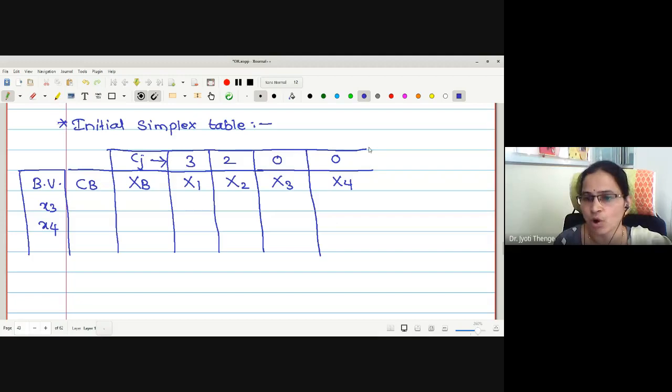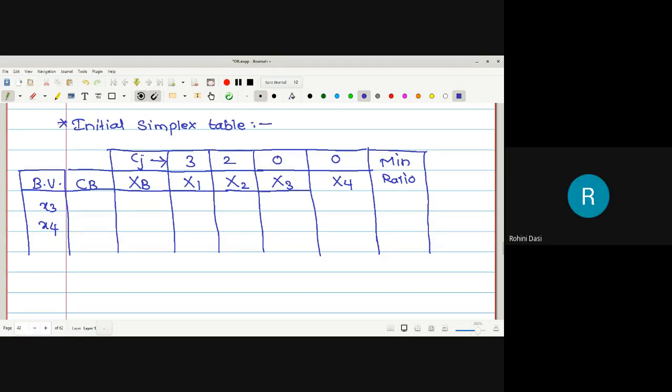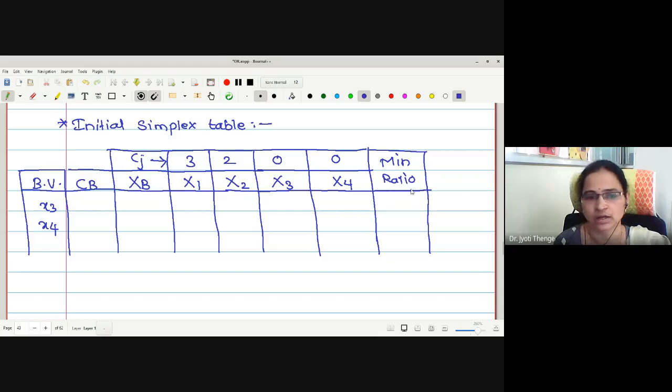CB means cost of the basic variable in the objective function. Basic variables we have selected already: x3 and x4. Therefore, what is the cost of these variables in the objective function? That is 0, coefficient 0, 0. Correct. Therefore, here the entries will be 0, 0.